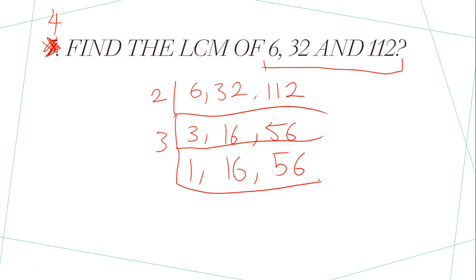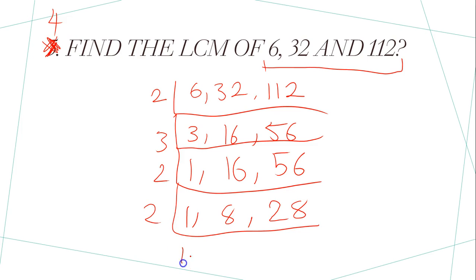Now 16 and 56, what's common? They're both even. Divided by 2. 1, 8, and 28. Again, common. Divide by 2. 1, 4, 14. Let's just forget the 1. Let's have 4 and 14. Right? Because 1 is done already.